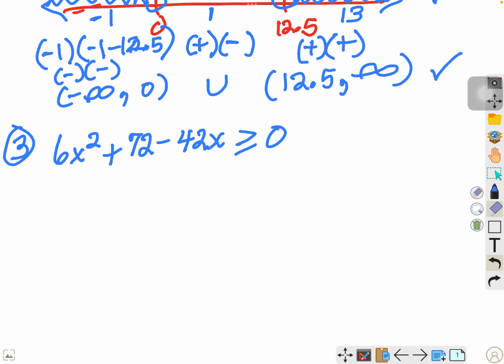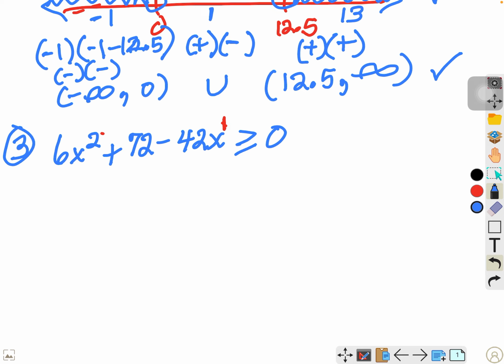Okay. Now, this is a trinomial, and it is not in descending order. And I know that by looking at the powers on x. 6x squared minus 42x to the first power plus 72x to the 0 power. Anything to the 0 power is 1. So we have our constant term.